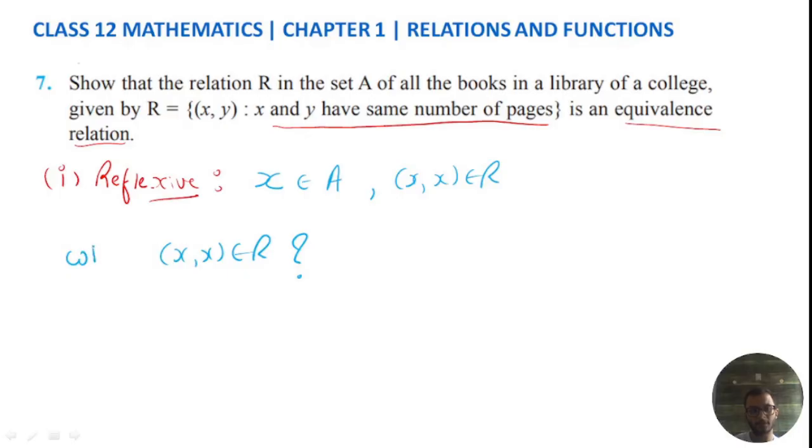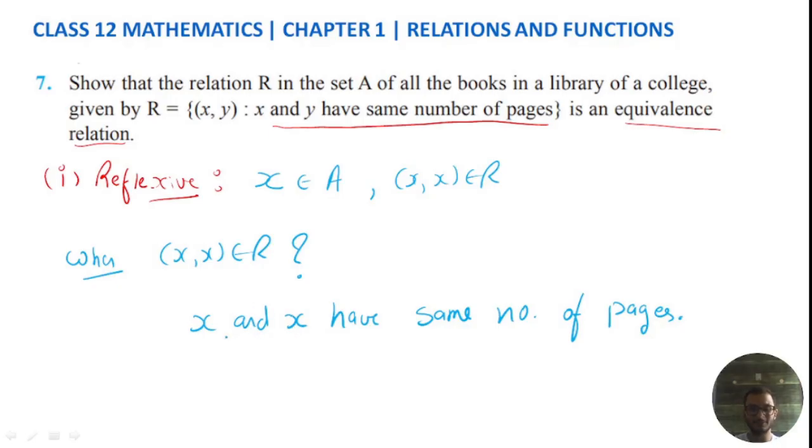When x and x have the same number of pages. This is true, right? As x and x are the same book, of course they will have the same number of pages.